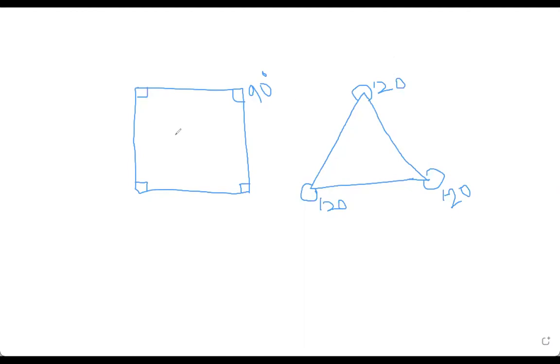Now to get the 120, the total of all the turning angles of any shape is 360. Why is it 360? It's because the earth is round, and the earth rotates 360 degrees. Even your clock at home always rotates 360 degrees.